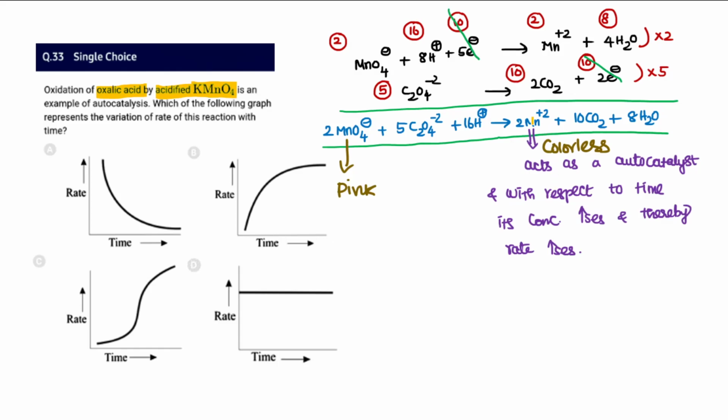The Mn2+ is colorless, and that in turn acts as a catalyst, that is an autocatalyst. Till then the reaction will be very slow. At the initial stages of the chemical reaction, the reaction will be very slow. As time progresses, the concentration of Mn2+ starts to increase and thereby the rate is also increasing. So the correct option that exactly matches here is 33C.